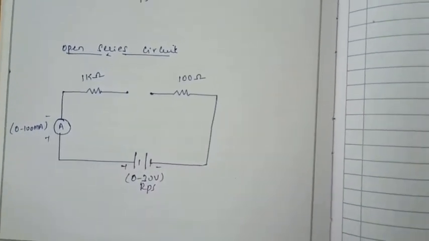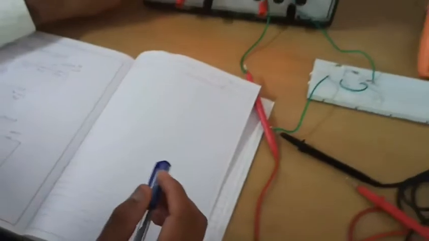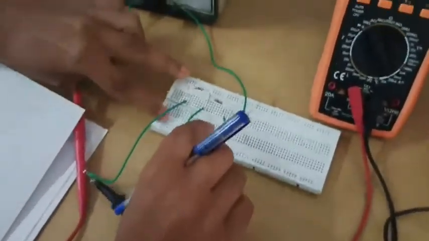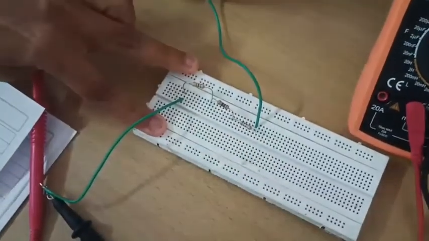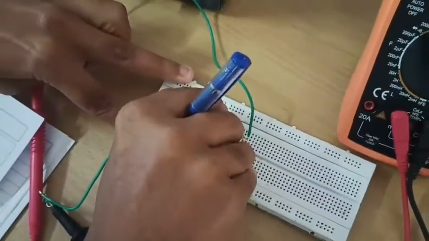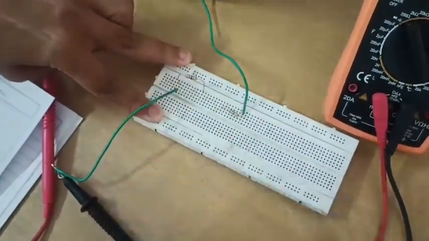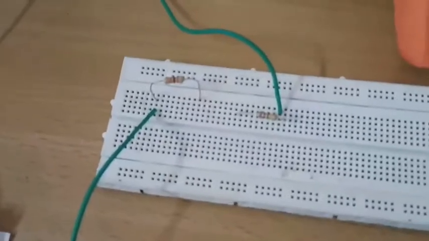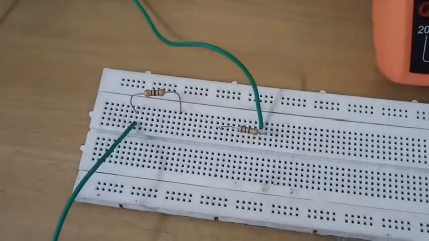Let us move on to the same circuit. We need to remove the second resistance, so this becomes the open series circuit.